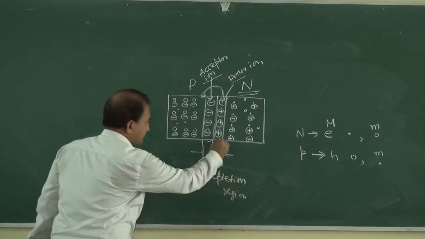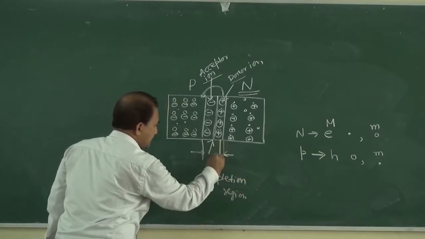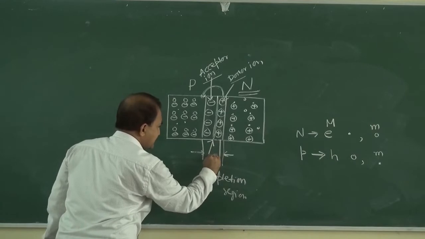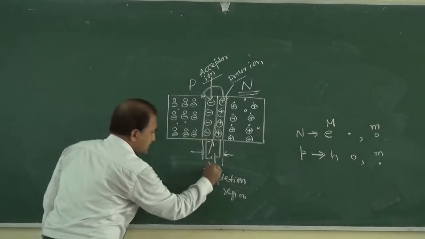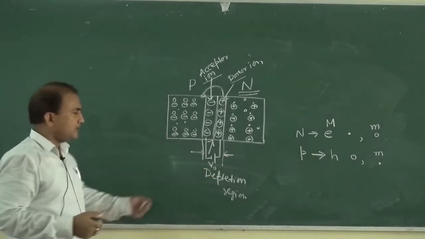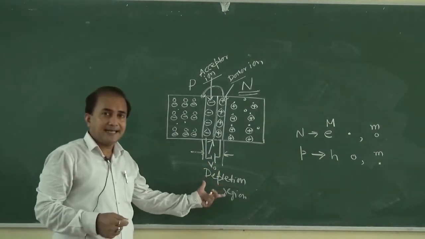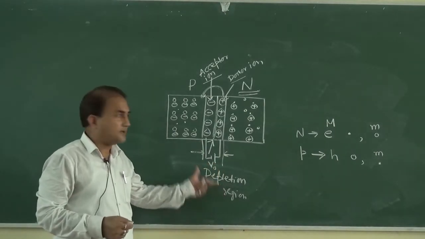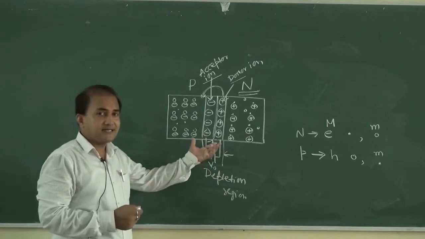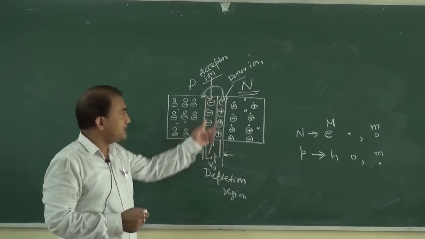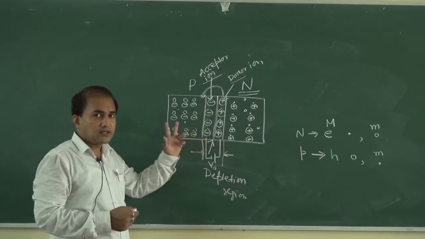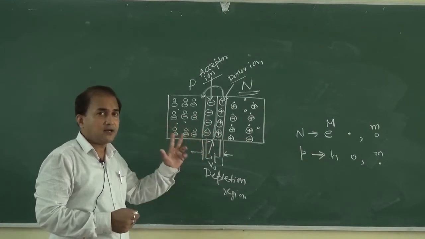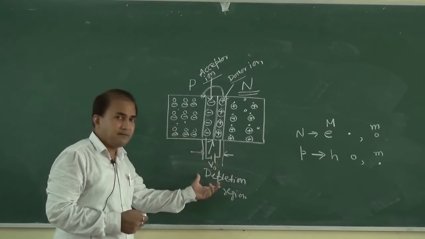And this is positive and this is negative voltage, and this is V0. How is the depletion region created? Here you can see there are no free carriers. Because of the depletion of the carriers, it is known as the depletion region.